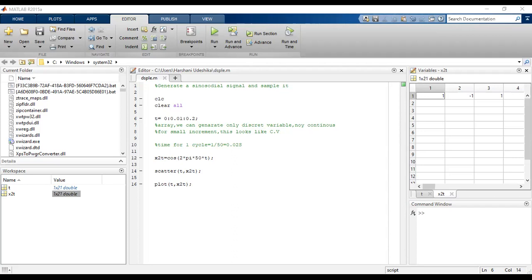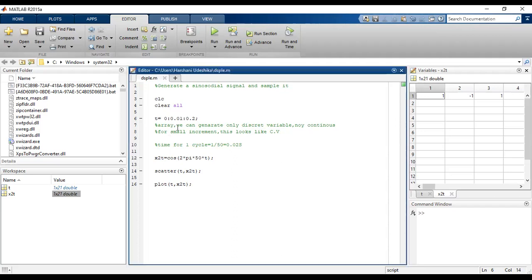It is just like a triangle signal. Okay, so what you have to do is, if you get the values very close together, you can draw this signal very well. Okay, so what you need to do is reduce the increment more.